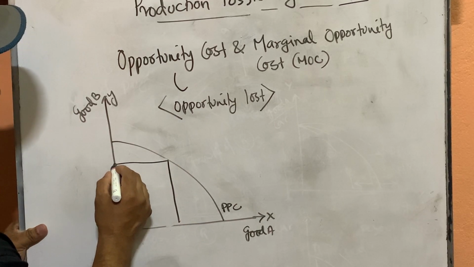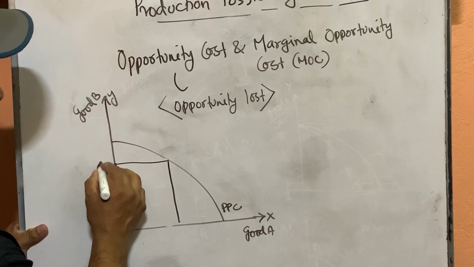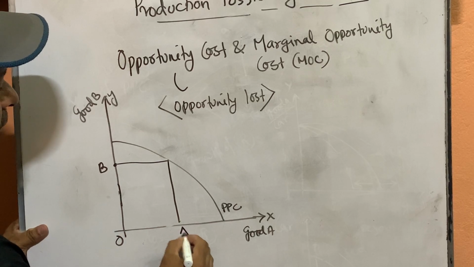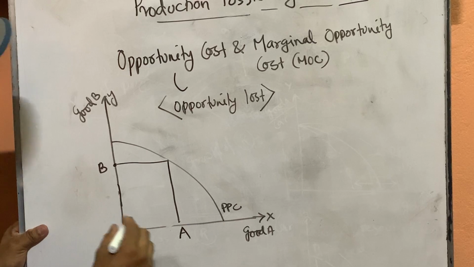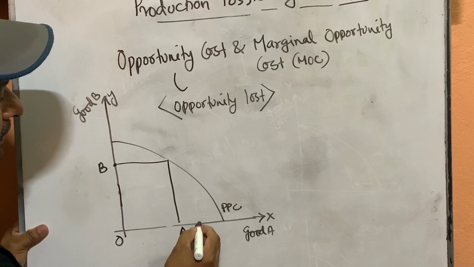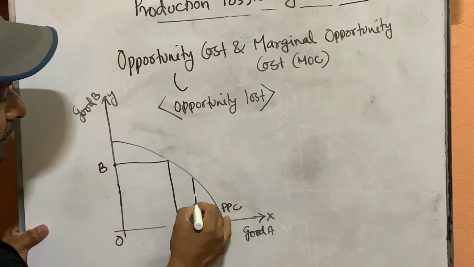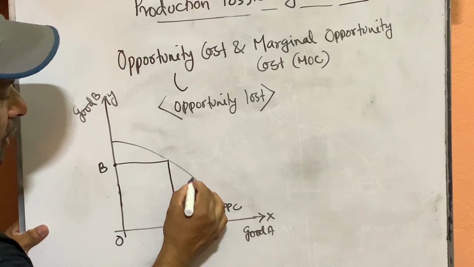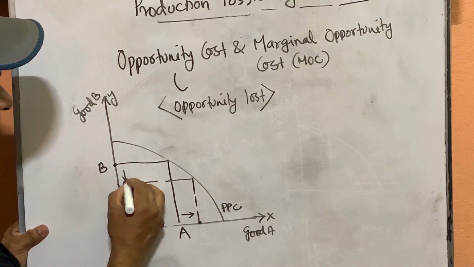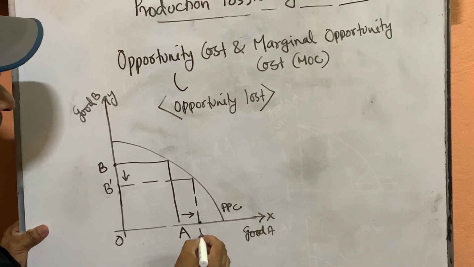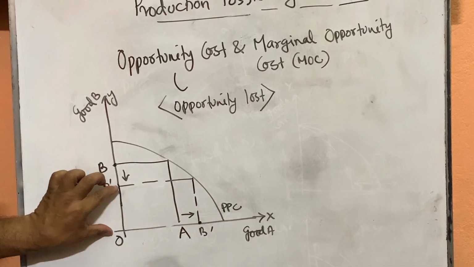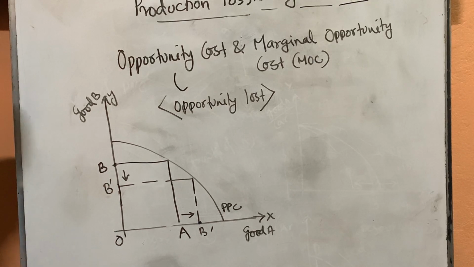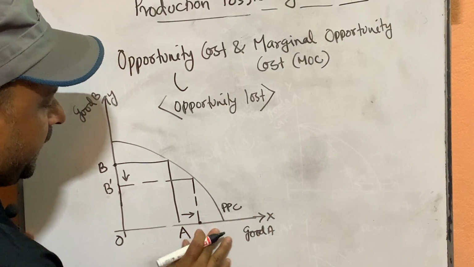Generally we are producing this much quantity of good A and good B in the economy. Now if we increase the production of good A by this much unit, then what happens? We have to sacrifice the production of B from OB to OB dash to increase the production of A from A to A dash.